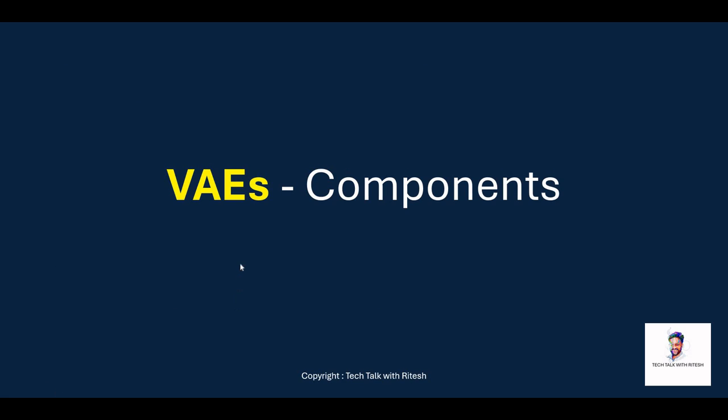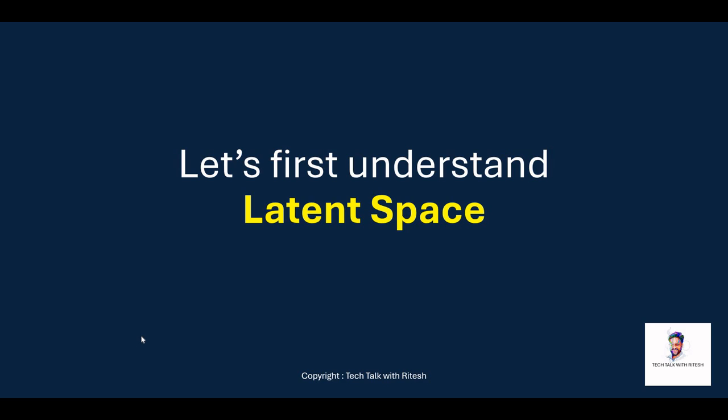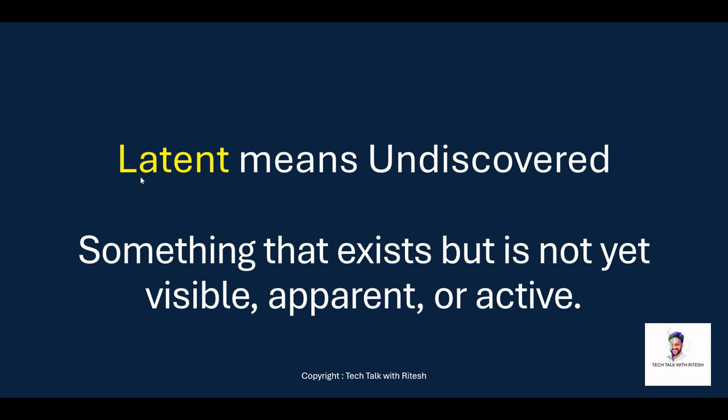Now let's see the components used in VAEs. We have the encoder, we have the decoder, and we have the latent space. Before we go further, let's first understand the latent space. The term latent means undiscovered, not yet discovered.